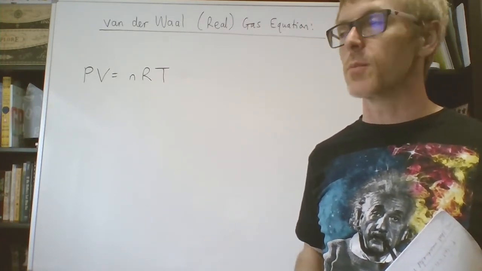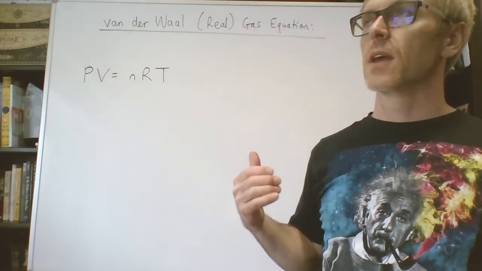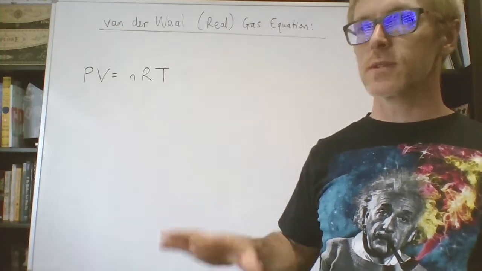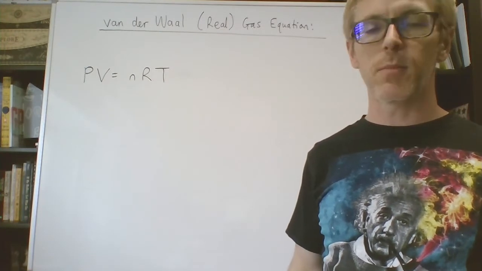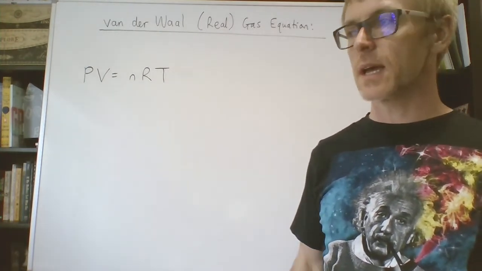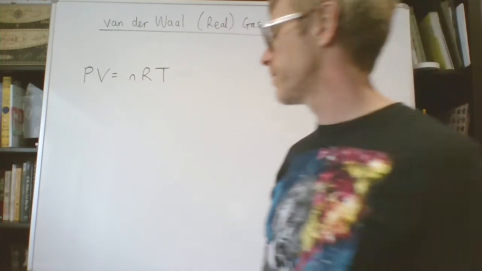So what does ideal behavior mean? Ideal behavior means relatively low pressure and temperature. Not too low, so there's definitely a sweet spot, but not frigid temperatures, because then you'd have a real gas again.